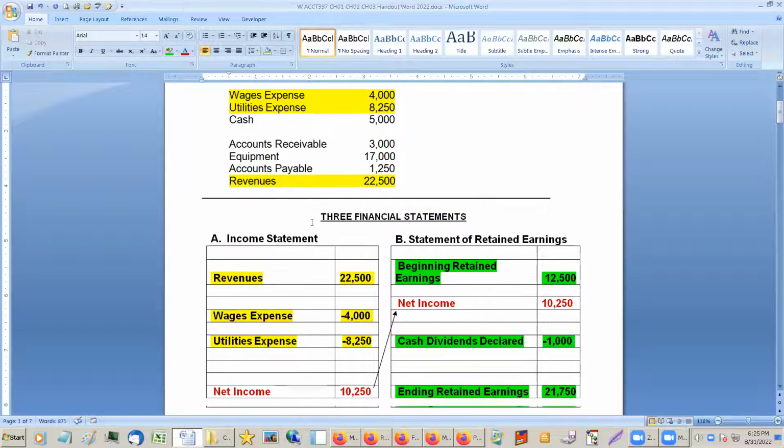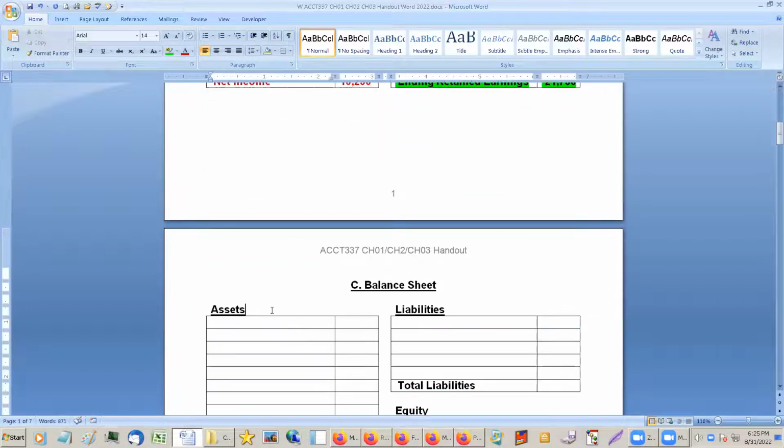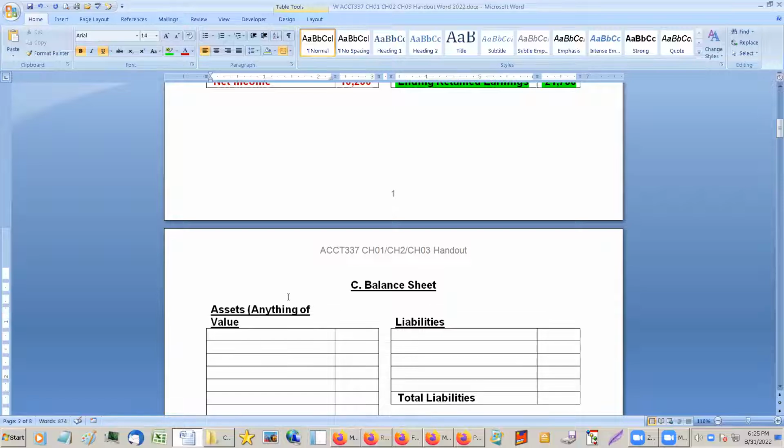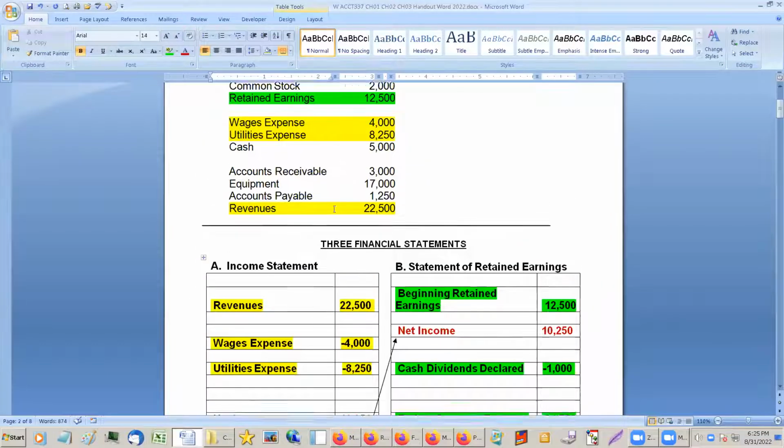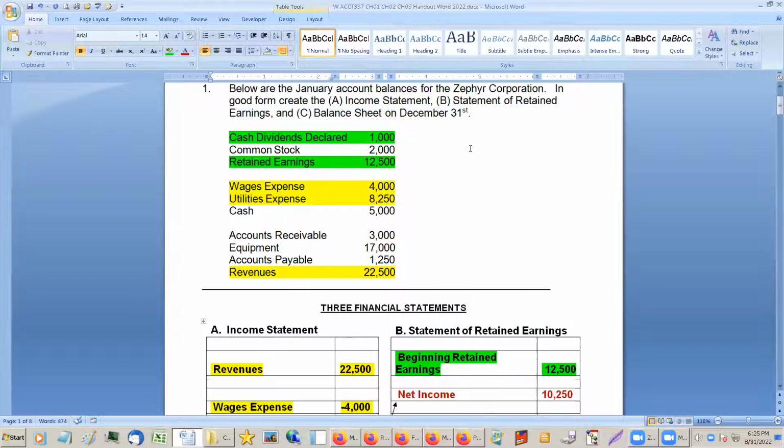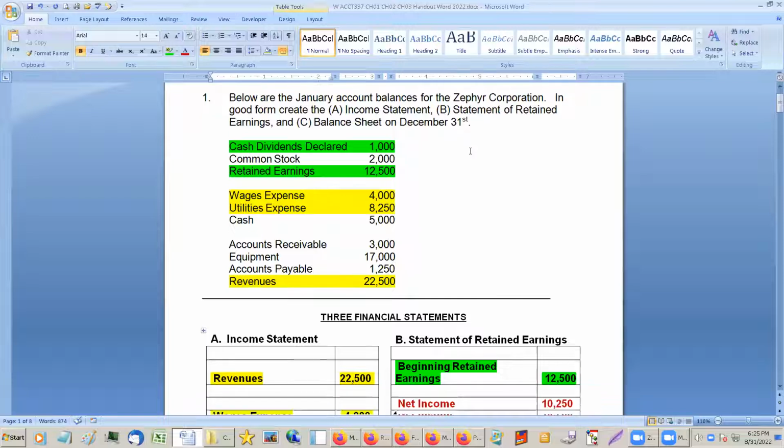Okay, so balance sheet. We have assets, and assets are anything of value. Looking at our accounts here, what things have value?